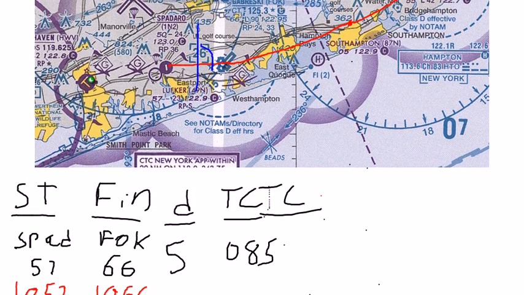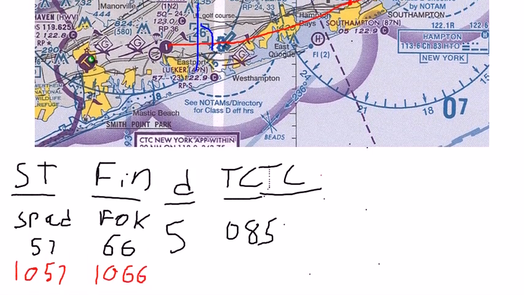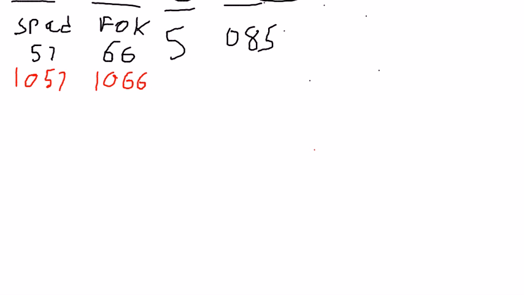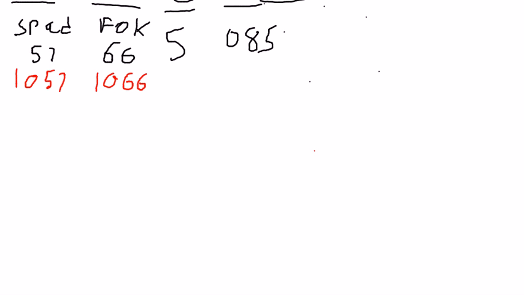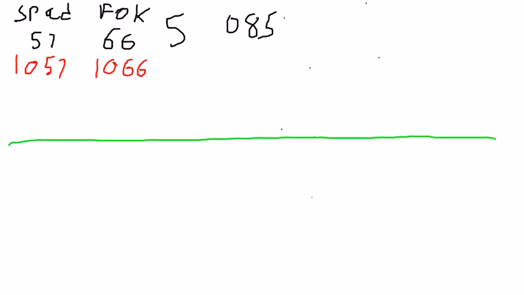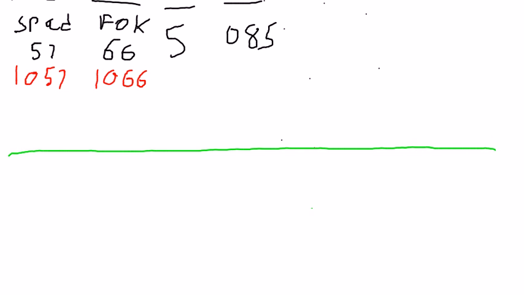Okay. I'm going to leave a little space between these legs, because we're going to do some more calculations with them. So let me do this. All right, so we know this is the next leg. First thing, of course, the starting point is going to be where you finished last, at FOK.